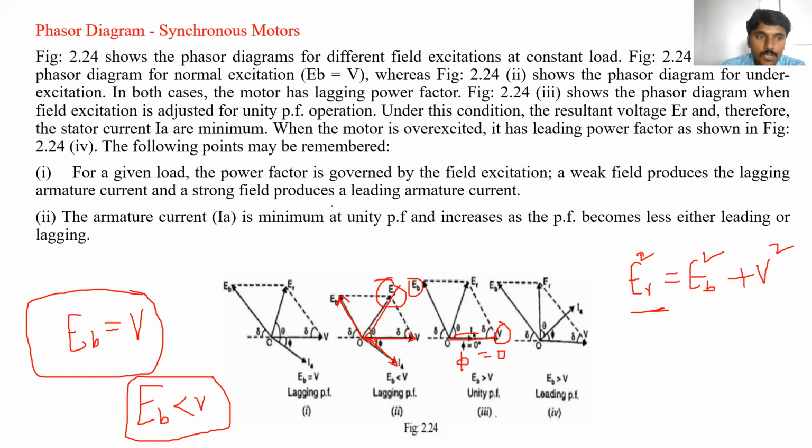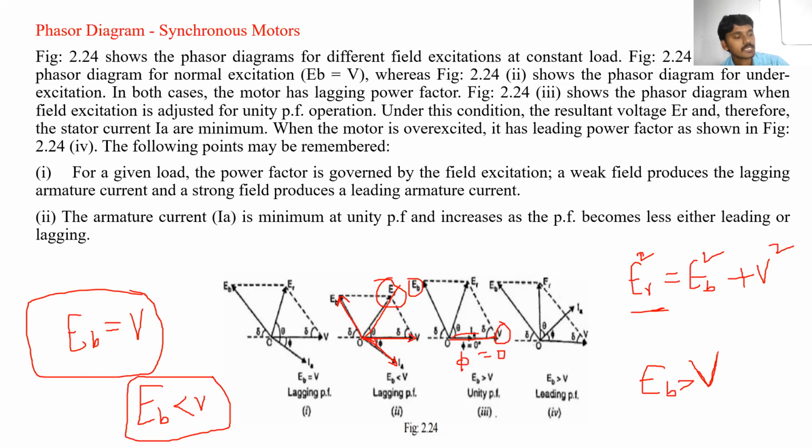Next, leading power factor. This is when EB opposes the supplied voltage: the excitation voltage is less than the back EMF, or the back EMF is greater than the excitation voltage.